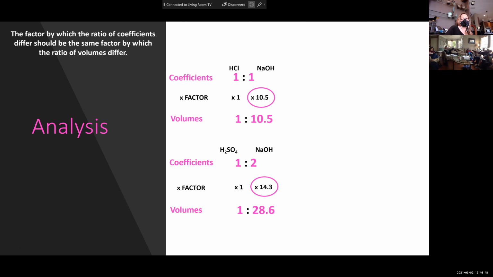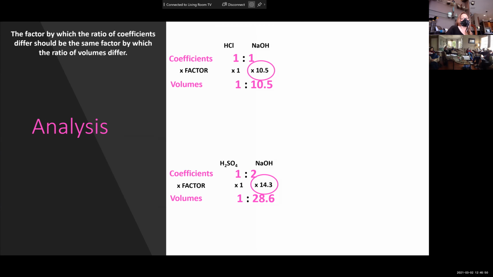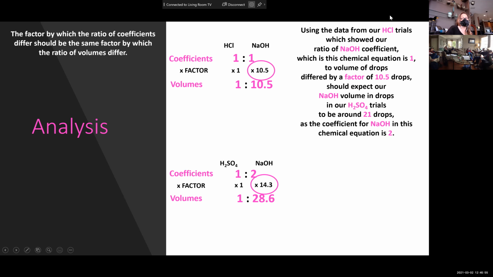Look at these two, and now you have to look at your data and ask, what can I learn? If the data from the hydrochloric acid trials is correct, our ratio of NaOH coefficient in this chemical equation is 1, and the volume of drops differs by a factor of 10.5.